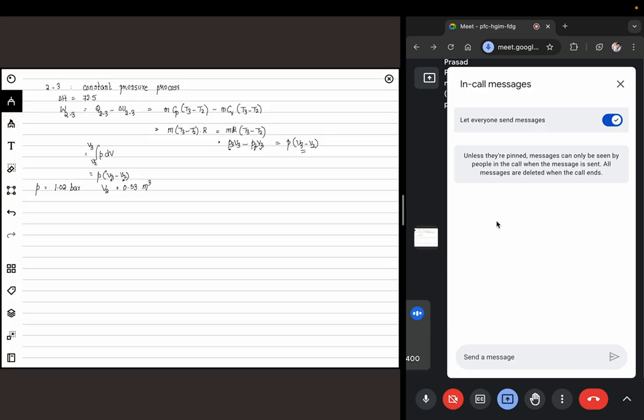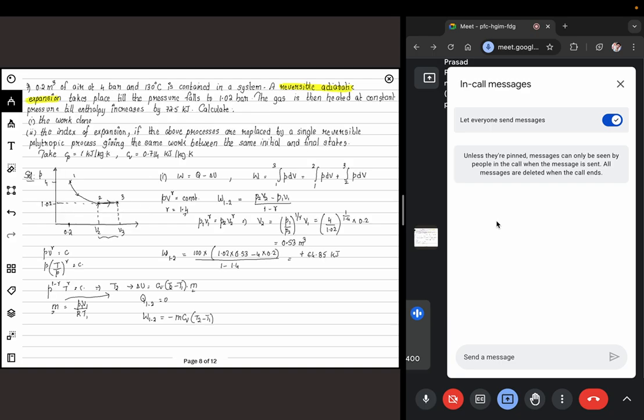So what is delta H? Delta H, just as we have defined before, is mCp delta T. This is specified to be 72.5. Using the relation which we have before, this particular relation, we can calculate T2.